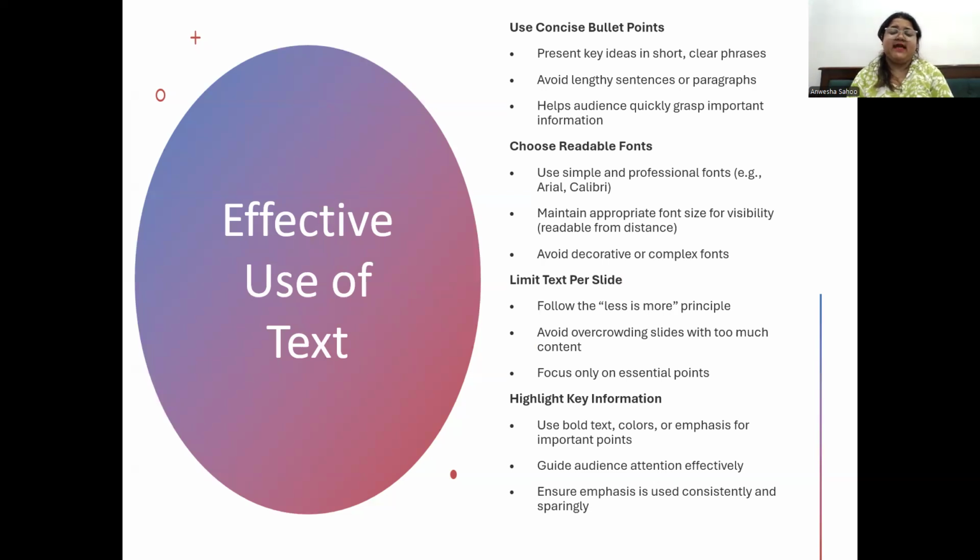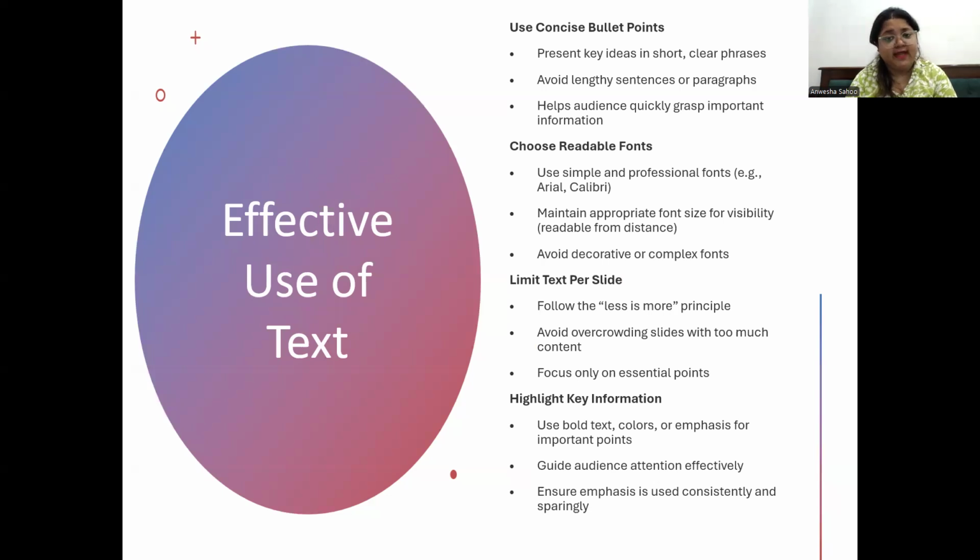Then limit text per slide. Follow the less is more principle. Don't overcrowd your slide with too much content or too many pictures. Focus only on essential points. So what are the key information that we got from here?